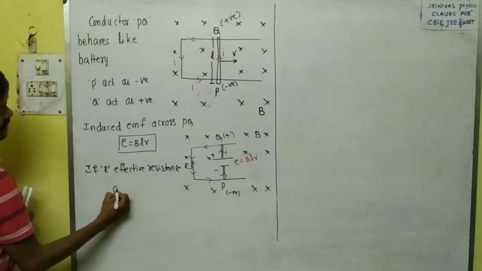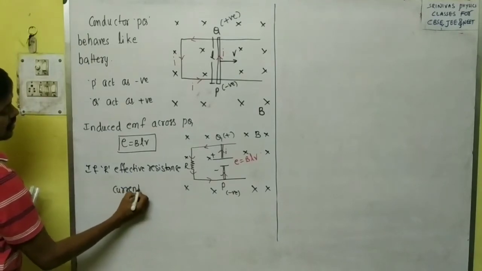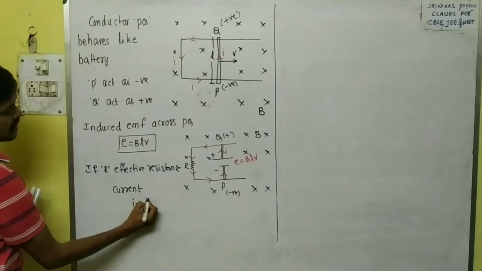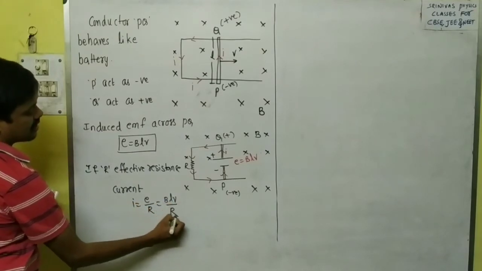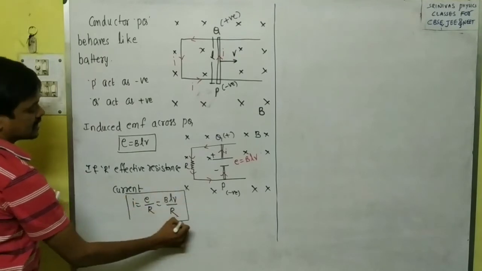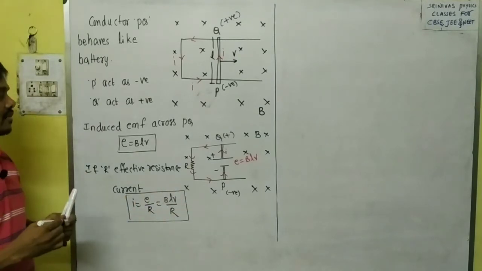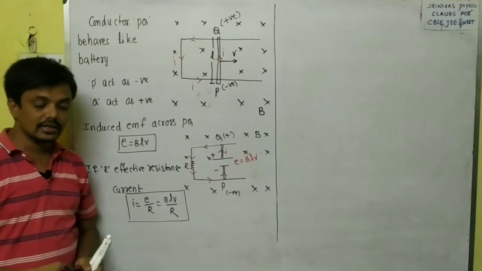Current is induced EMF by resistance, that is BLV by R, where B is the magnetic induction, L is the length, and V is the velocity of the conductor. This we already discussed.